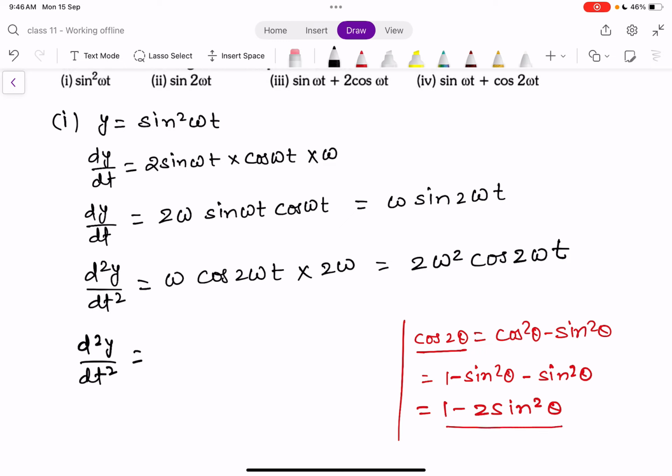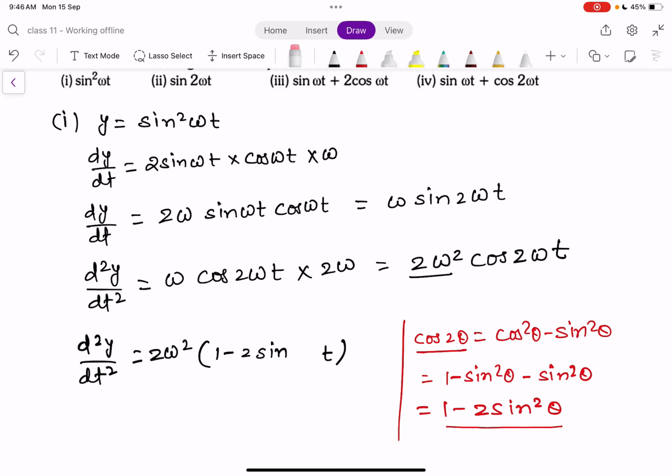So cos 2 theta can be written as 1 minus 2 sin square theta. Here we are doing the same thing. 2 omega square will remain as it is, but cos 2 theta is written as 1 minus 2 sin square theta, and here theta is nothing but omega t.